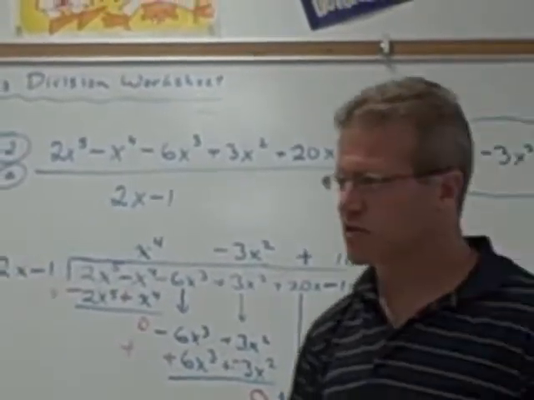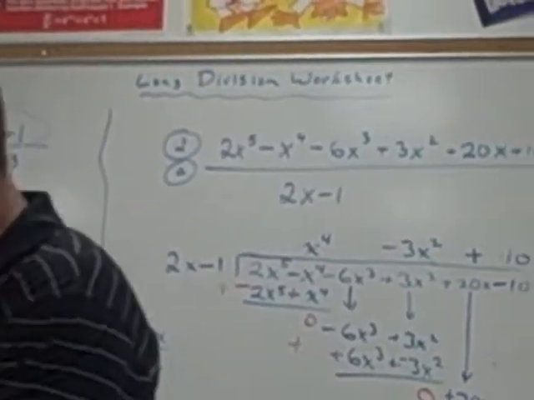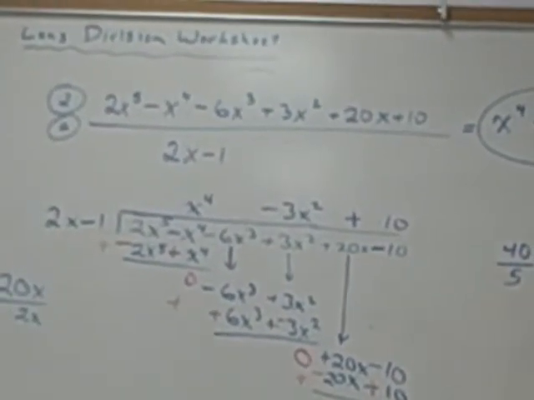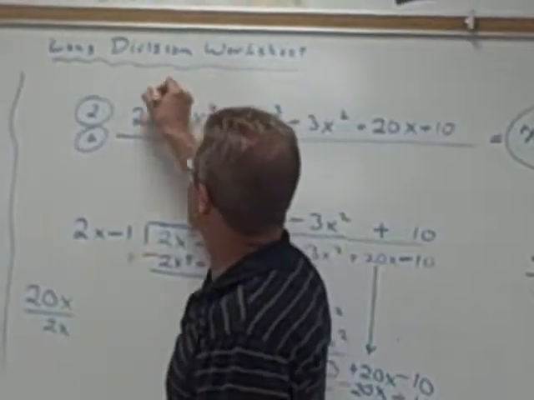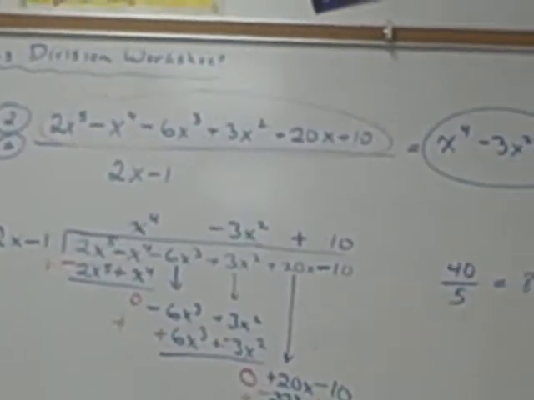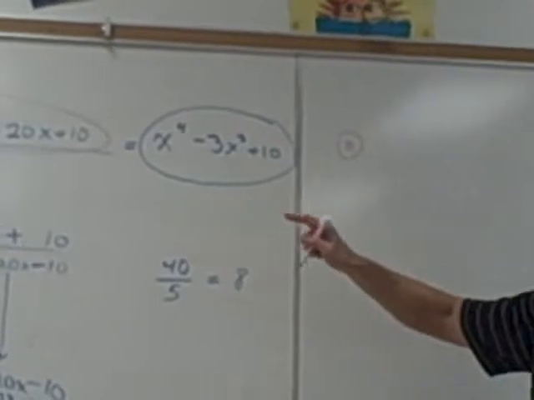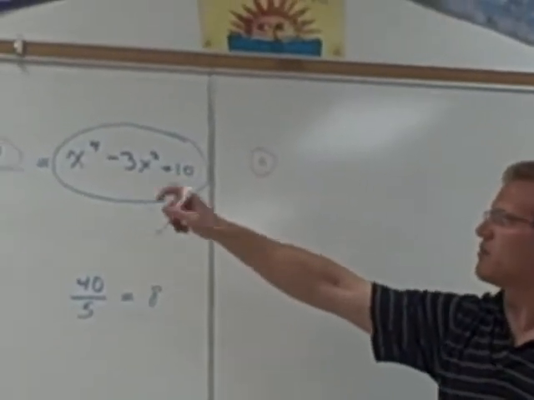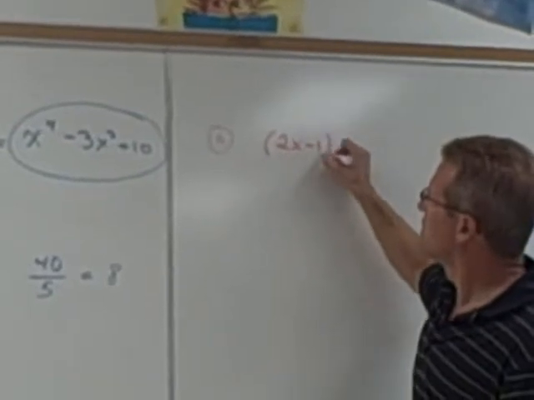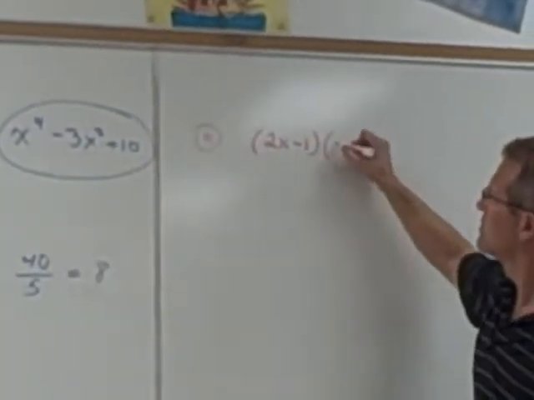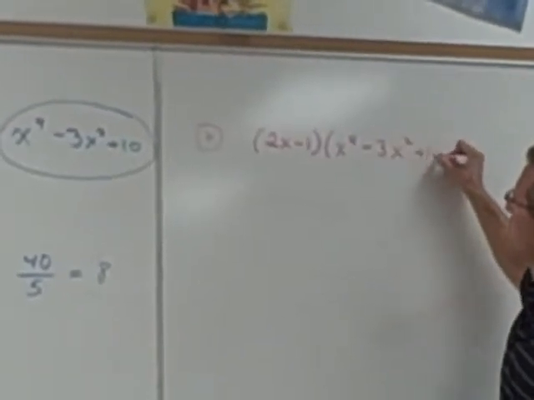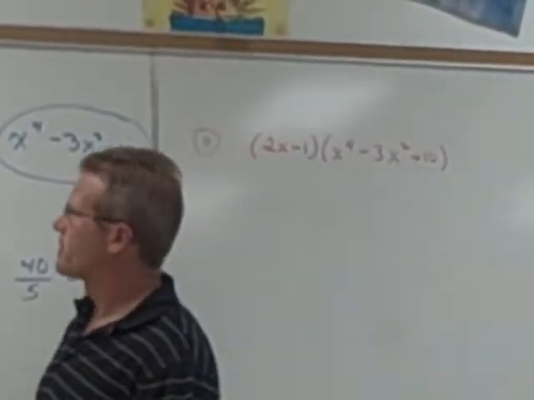Now, last thing I want to show on that is 2b. Write the numerator of the above problem in factored form. So we want to write this in factored form. This is for 2b. So when you do that, if you factored out that numerator, it would be this. 2x minus 1 times our answer, right?